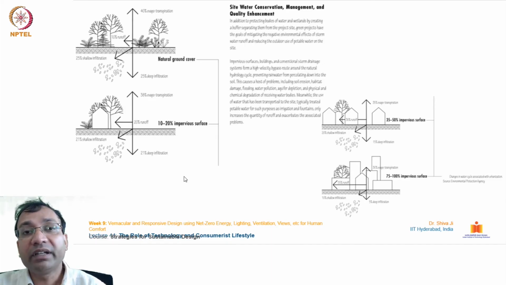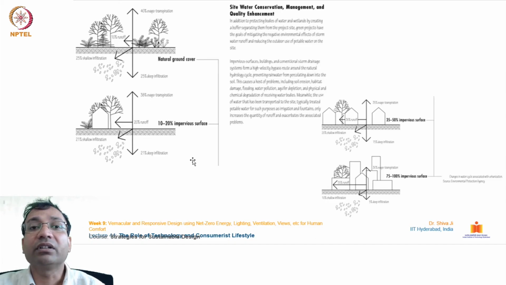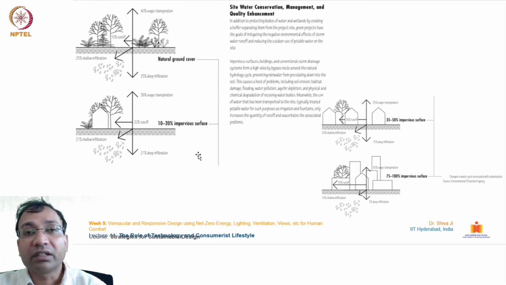It doesn't completely go as runoff, because runoff water goes to the rivers and eventually to the oceans, depriving the top surface of the chance to get this water. So the pavement design should be taken care of properly, allowing this water to penetrate into the ground.